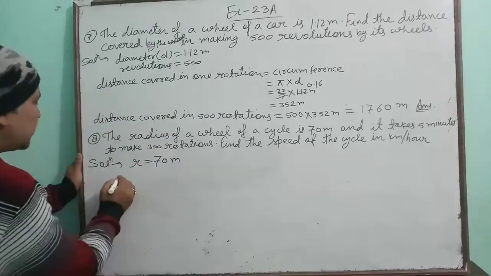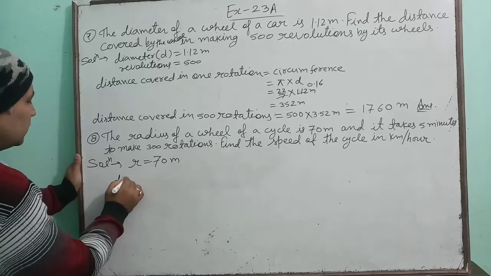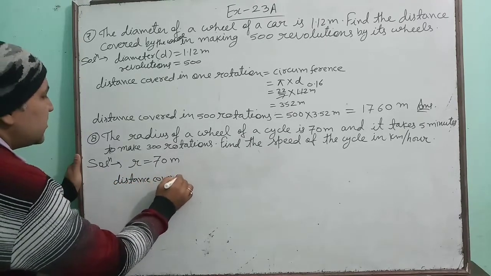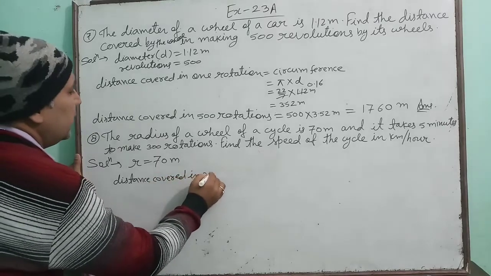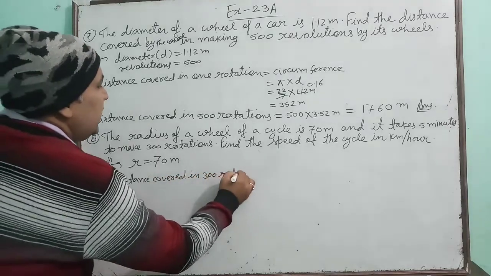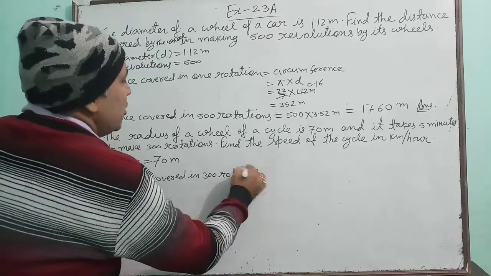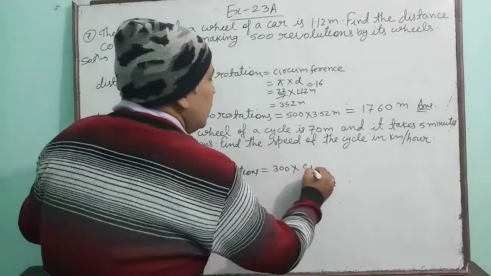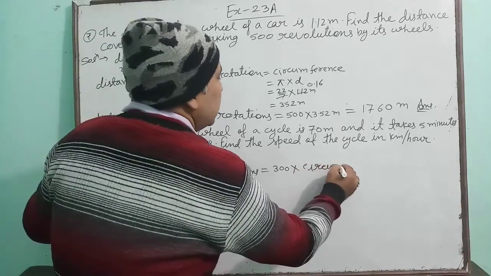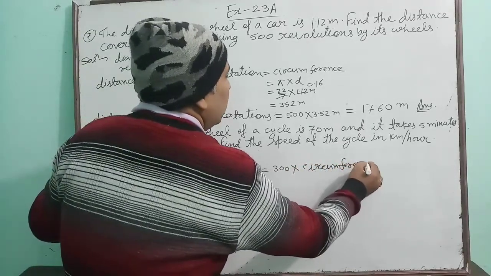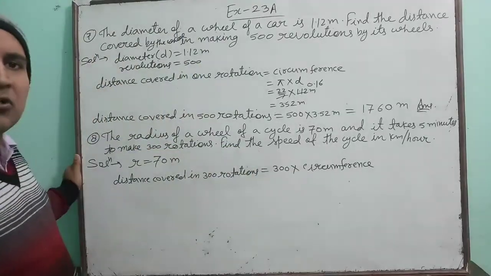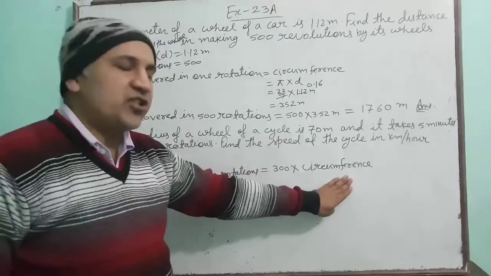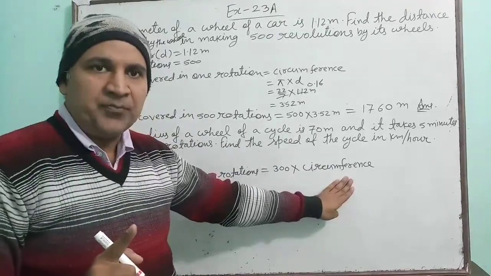Now solve your question. Distance covered in 300 rotations will be equal to 300 into circumference. Is this point understood or not? Because circumference is the distance covered in one rotation.